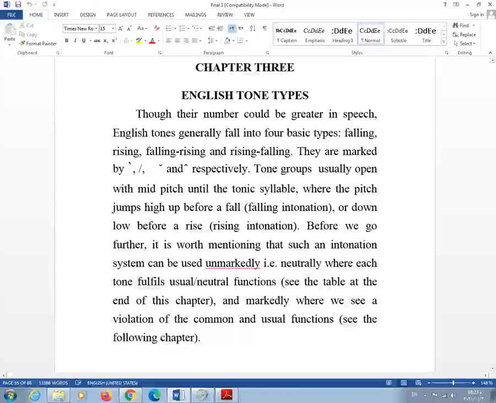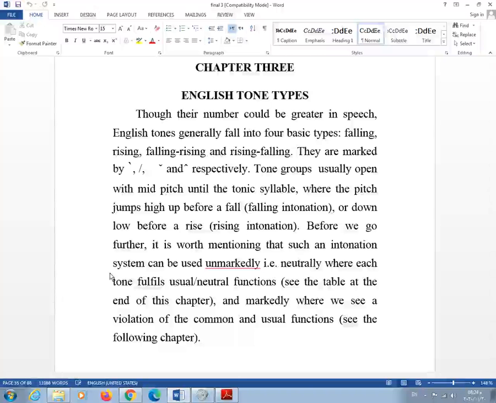In the third lecture, we talked about the structure of tone units in more detail, and we said that the tone unit must include at least one basic element, which is the tonic syllable, the stressed syllable inside the focus word.